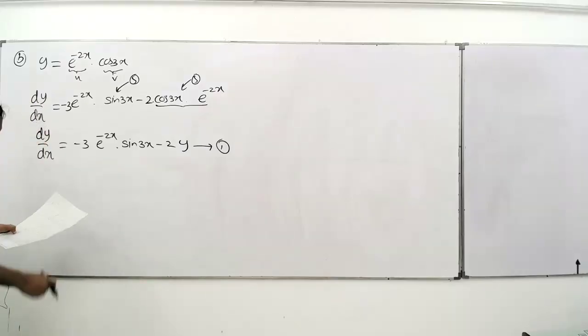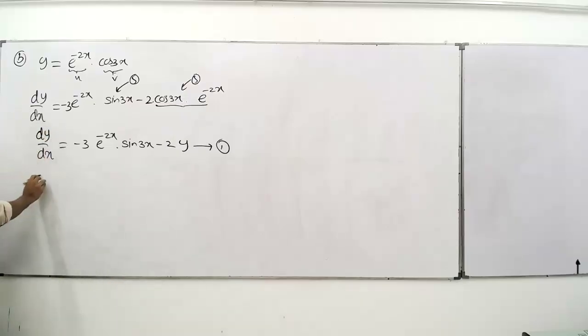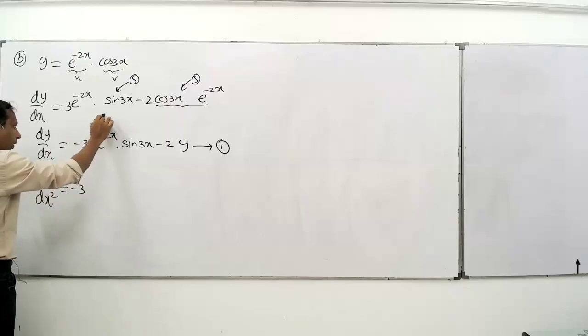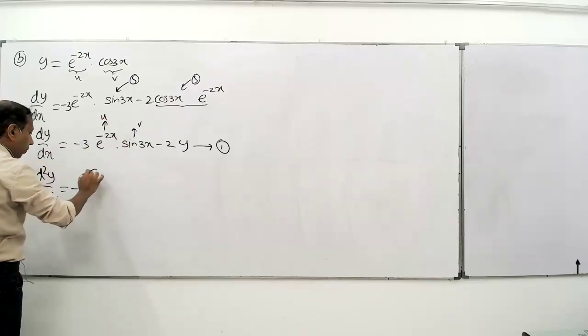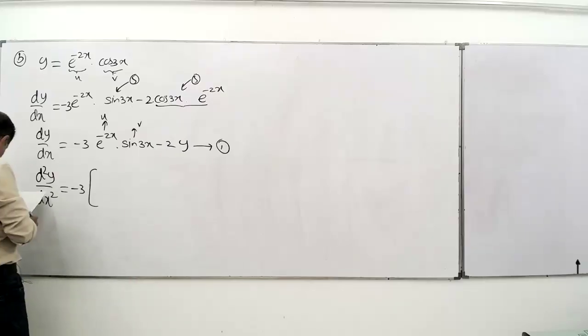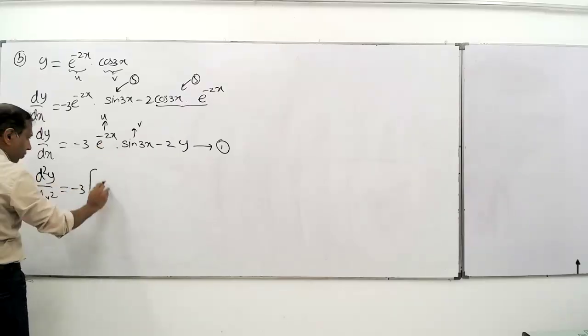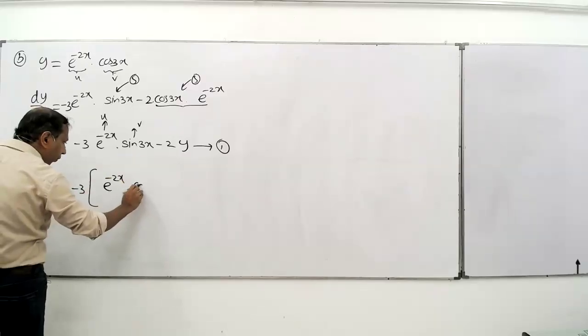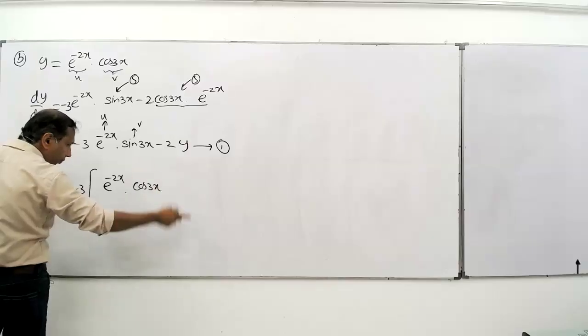Now we differentiate again. When you differentiate this, we get the second derivative, written as d2y over dx2. Keep the minus signs outside, take this as u and this as v, and again apply u into v. Keep e to the power minus 2x the same; the derivative of sin 3x is cos 3x into 3.